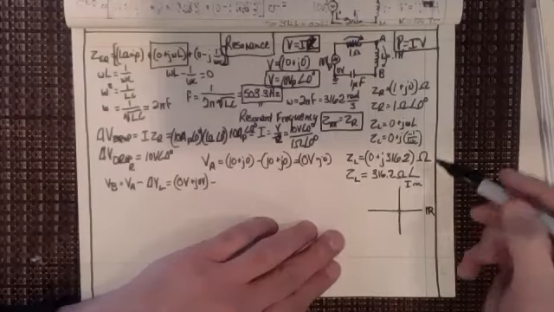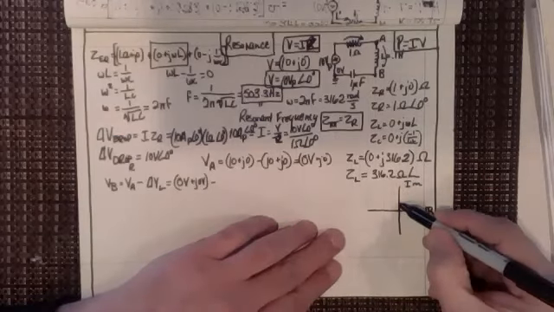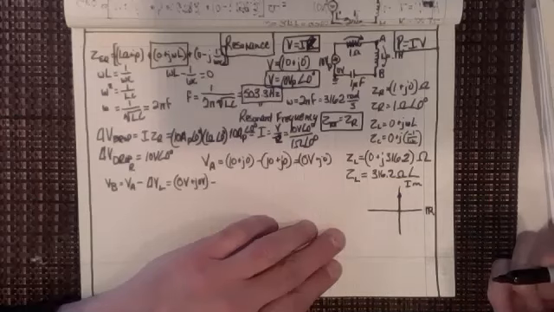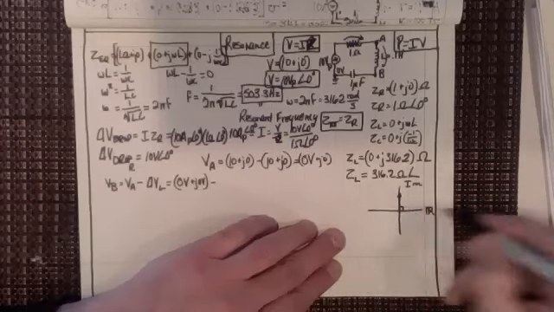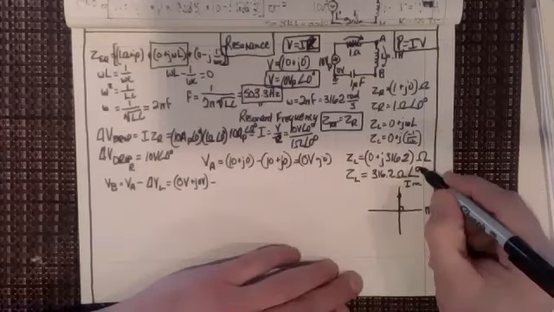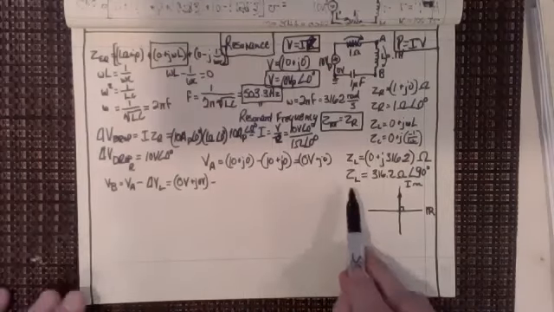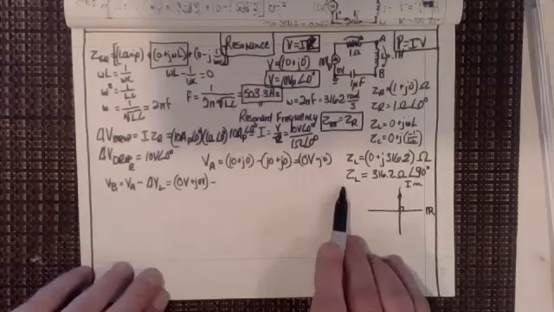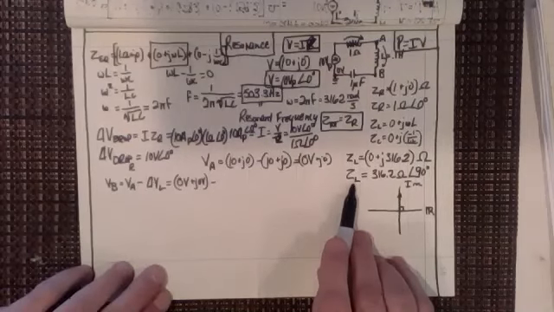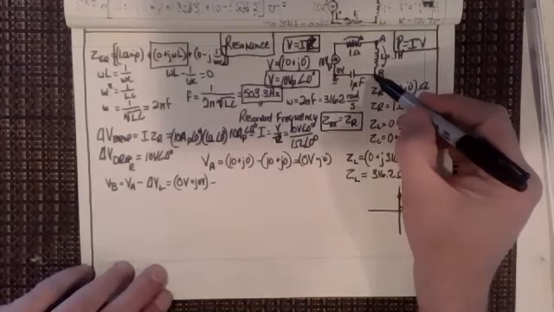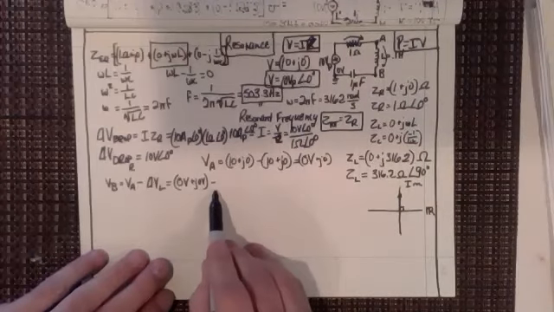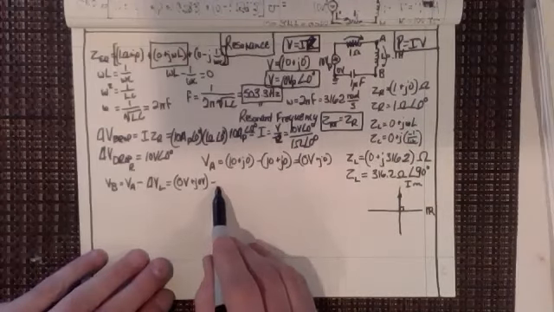And if I look at this, of course, this is all j, isn't it? All j. So the angle I've got there is 90 degrees. So that's what my impedance is for the inductor, and that is the voltage drop we've got to take into consideration.